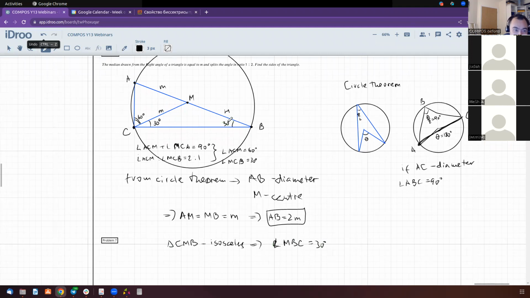So this is 30, then this is 60 degrees. Angle CAB is 60 degrees.